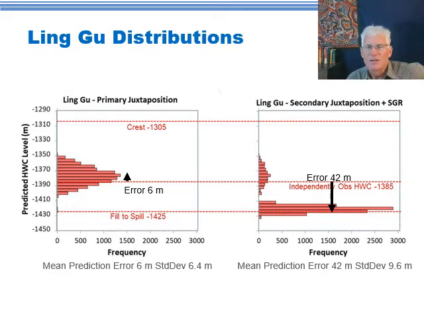If you compare that to the secondary juxtaposition and shale gouge ratio, or fault core zone enhanced prediction, you can see that there's a larger error, and there are many instances in the Monte Carlo simulations where the prediction is far too deep. So the error is up to 42 meters with a fairly large standard deviation. So it's pretty clear that primary juxtaposition alone gives the best prediction in this particular case study.